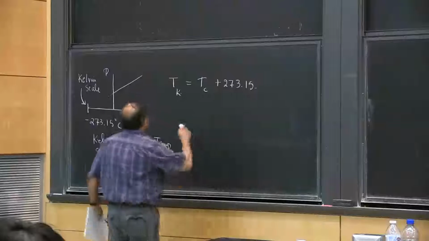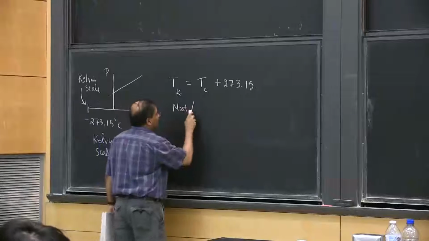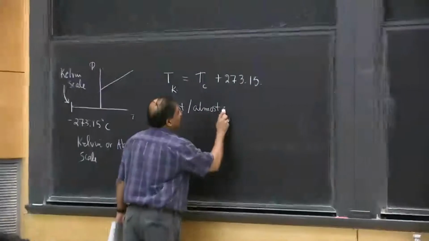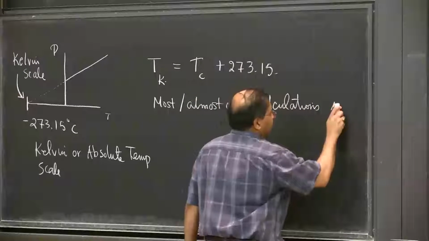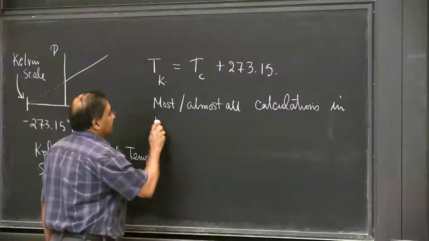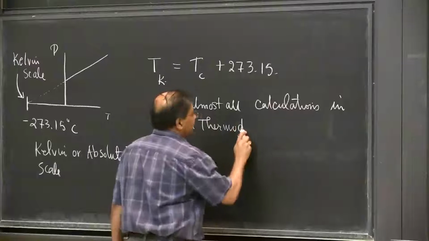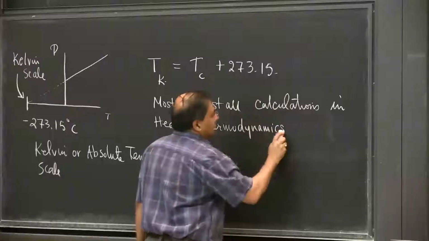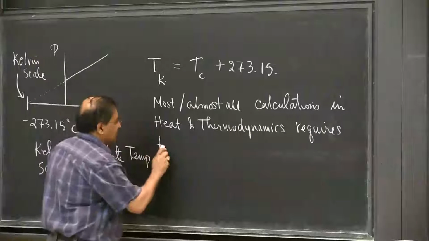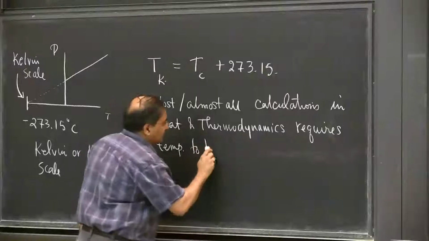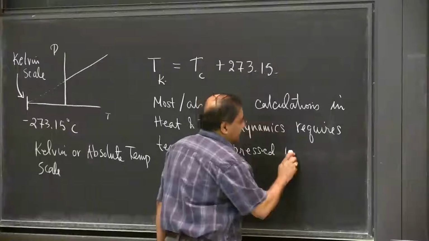All right. So the important thing to keep in mind is that most, if not all, calculations in heat and what we call thermodynamics, which we haven't really done, we'll touch upon that a little bit today, require temperature to be expressed in the Kelvin scale.